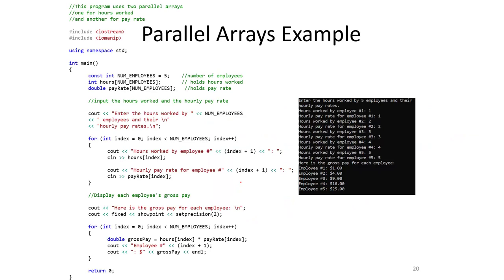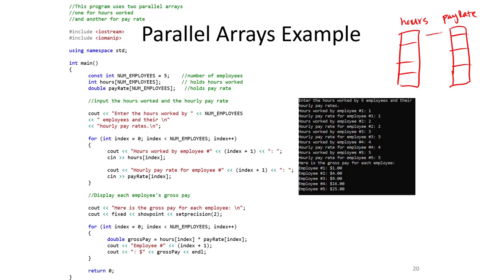Here's a short example. So suppose you wanted to store employee hours and pay rates in sets of parallel arrays. So you could have one array holding the employee's hours and another array holding the pay rate. And basically each employee number would share the same index I between their hours and pay rate.